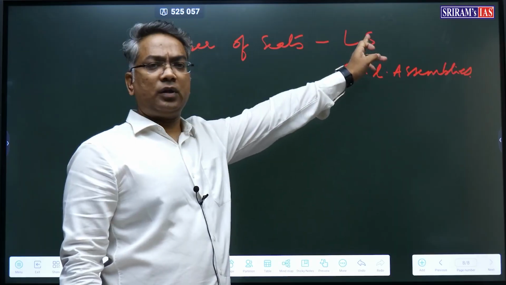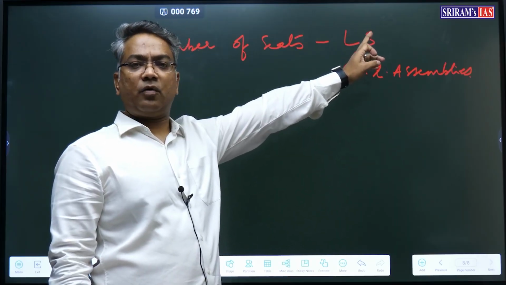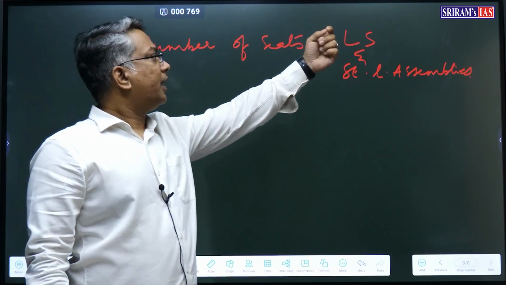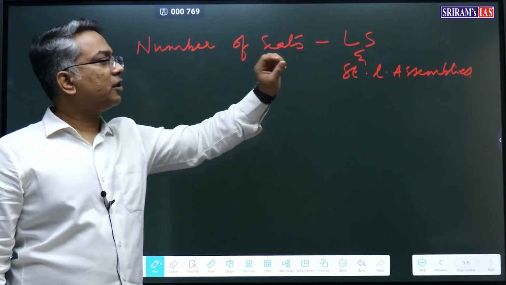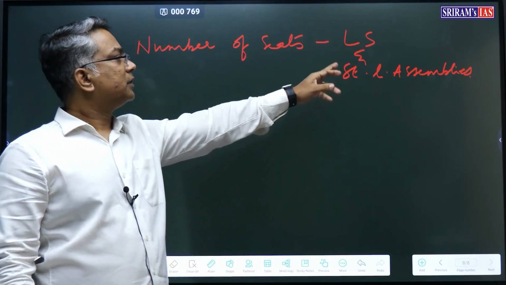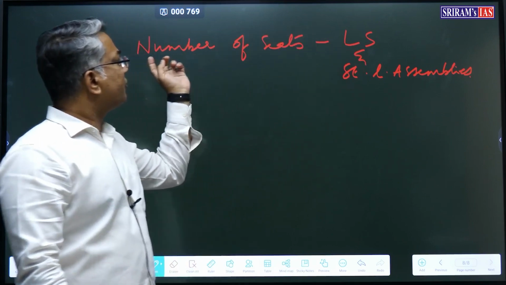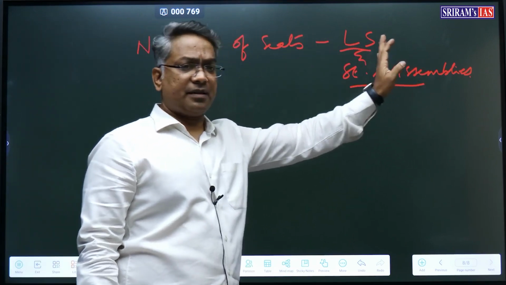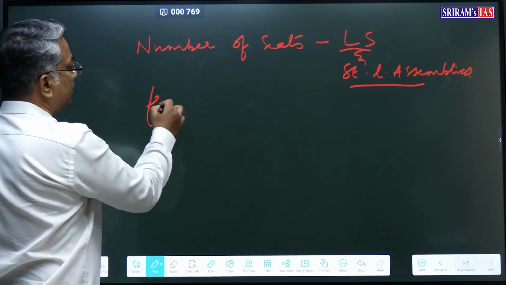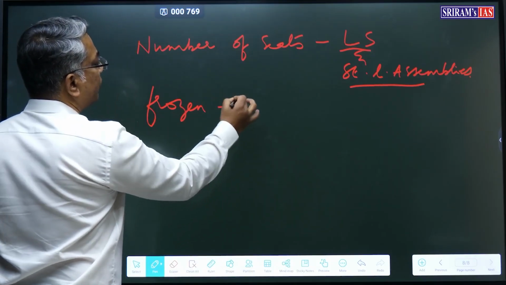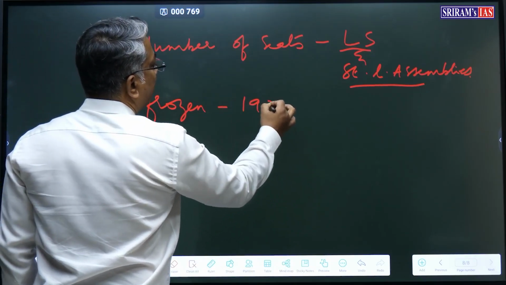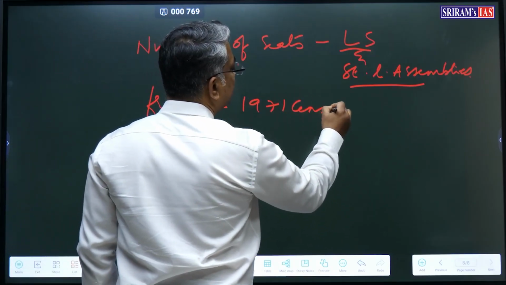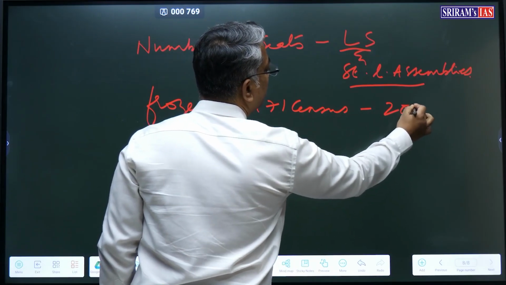As you already know, the Rajya Sabha is a permanent chamber, the tenure is 6 years, and every 2 years 1/3 of its members retire. Okay, so the number of seats in Lok Sabha and state legislative assemblies have been frozen as per the 1971 census in the year 2000.